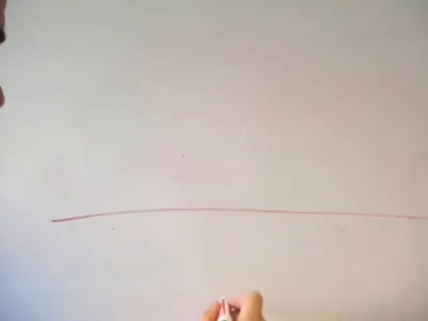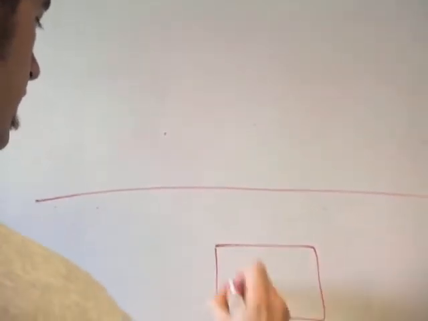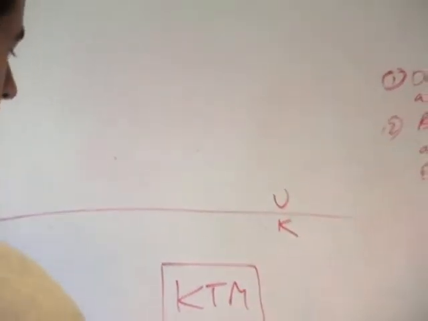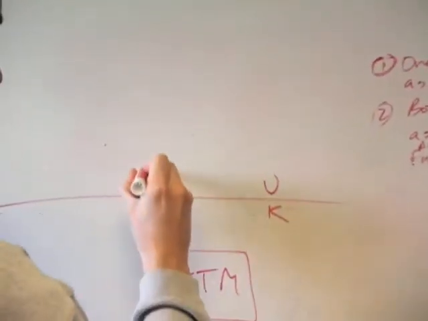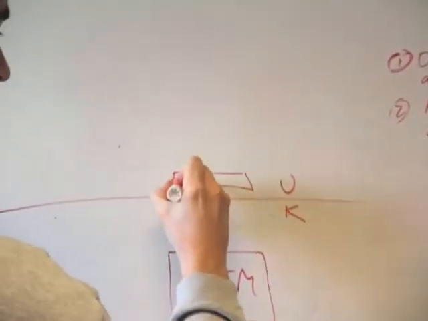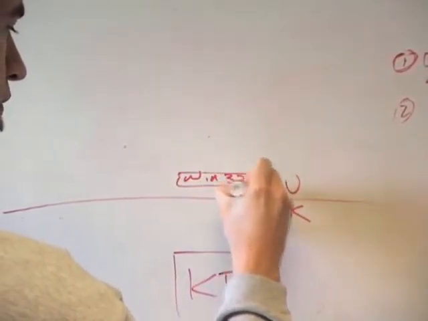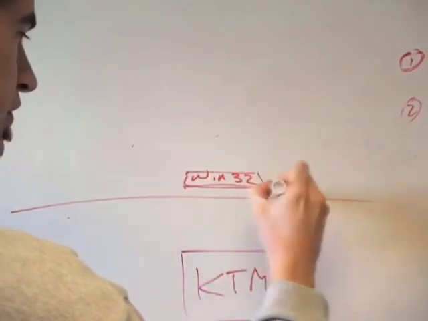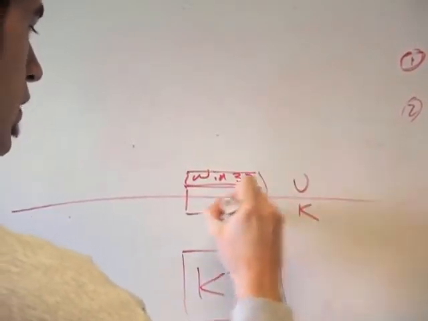Let's see. Start with the picture. So basically, KTM is a kernel component, so it's down below the user-kernel boundary. There's a set of Win32 libraries that call down into KTM through the kernel system call layer.